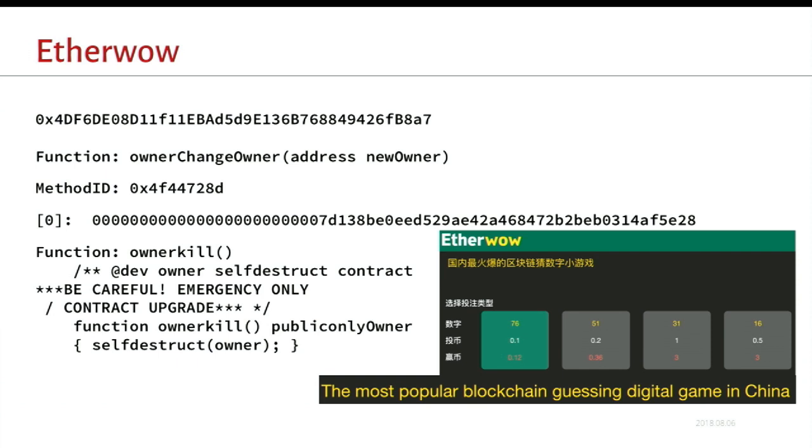And in a different version of this, the creators created several contracts, and if you trace through them, one of them has source code available, and there's this really dramatic comment above their owner kill function to be very careful, emergency only, for contract upgrading. So again, this is yet another example of these large transfers, but it doesn't look like an attack. It's just the design of the contract.